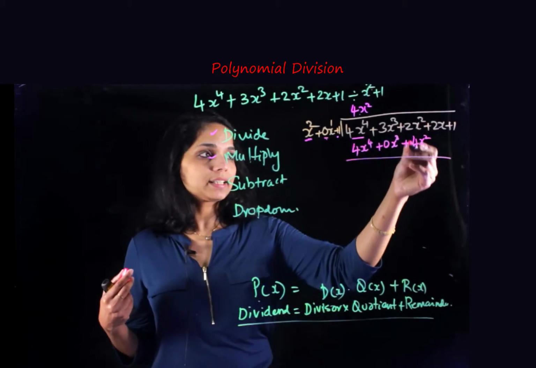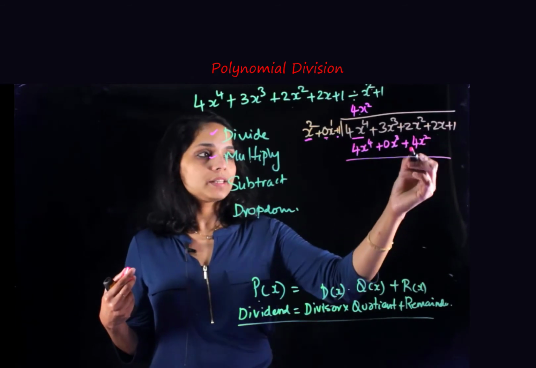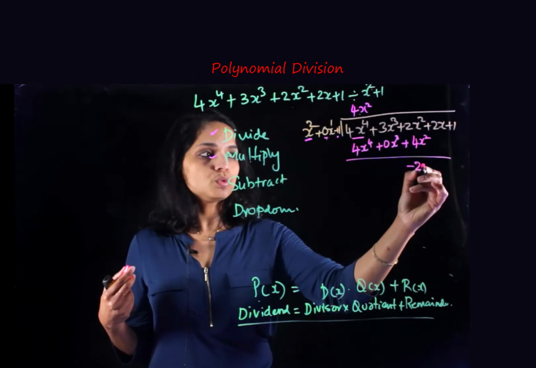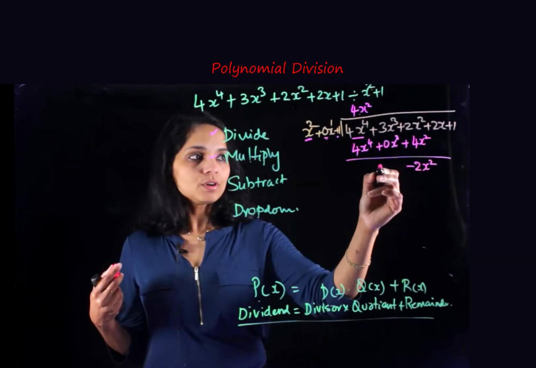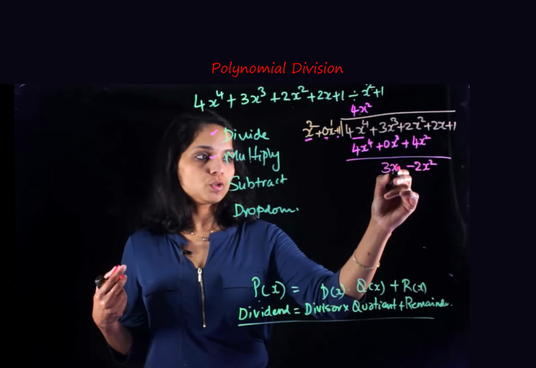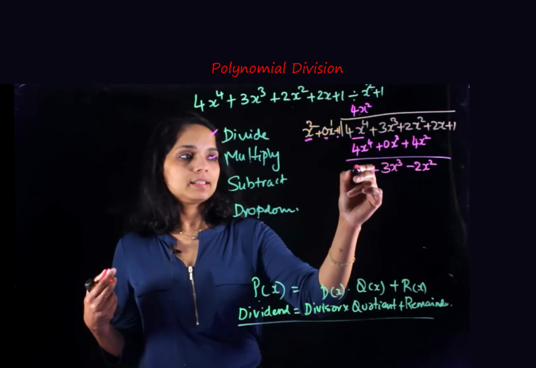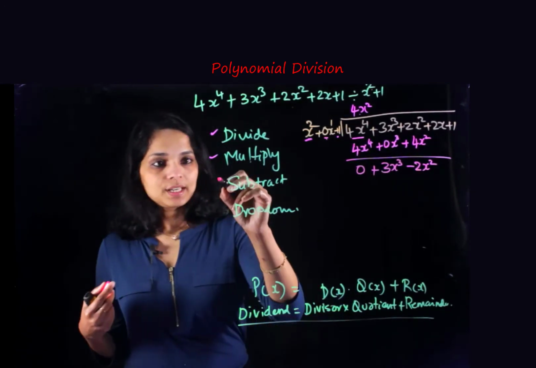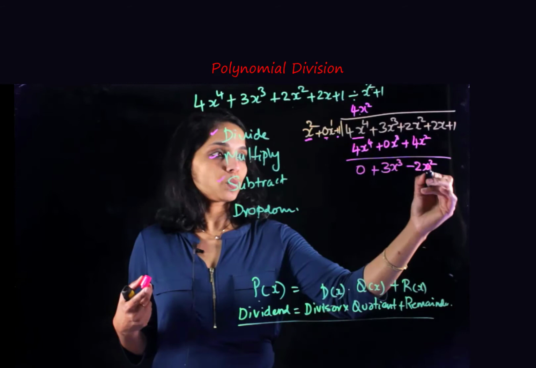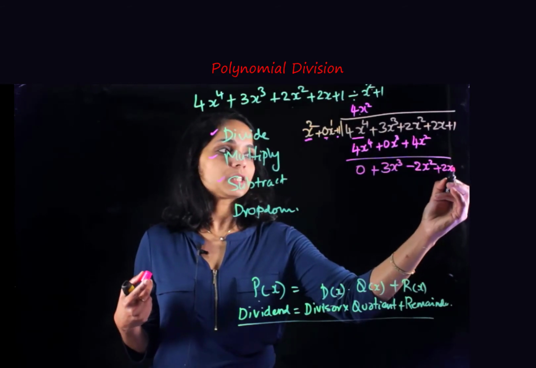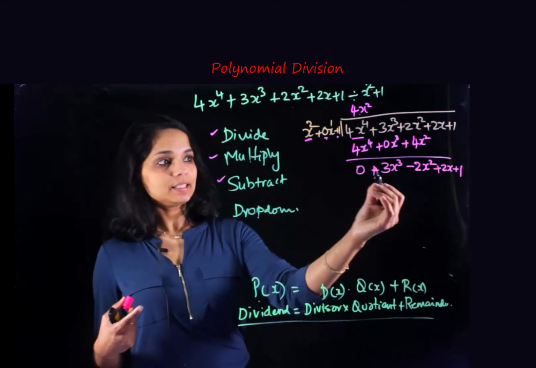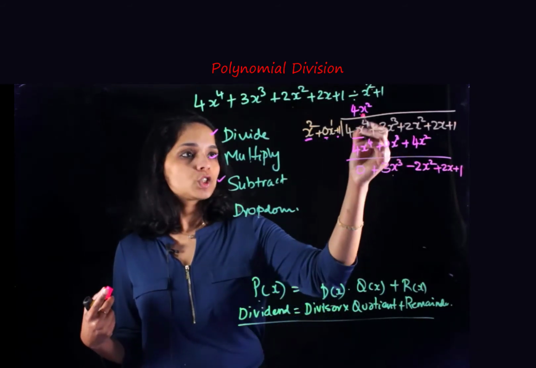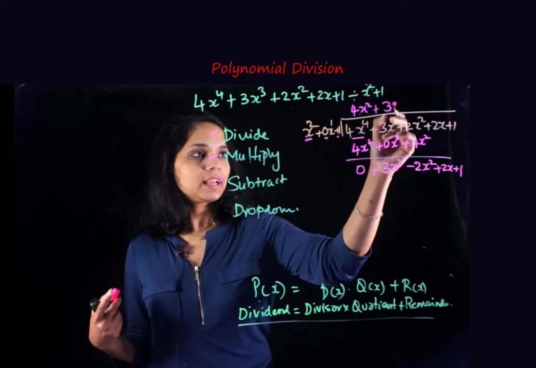Now subtraction. So subtract the like terms here. 2 minus 4 is minus 2x squared. 3 minus 0 is 3x cubed, plus, and then this is 0. We've done that. Drop down the last ones, 2x plus 1. Okay, now repeat the whole process again. Divide 3x cubed by x squared, which gives 3x.